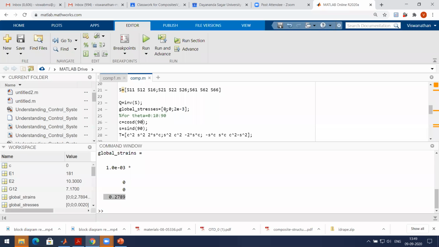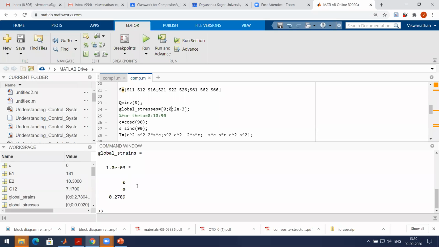But if you apply non-zero extensional stresses, then you will get extensional strains. If you're not applying the extensional stresses, you shouldn't get extensional strain. So that's the concept.